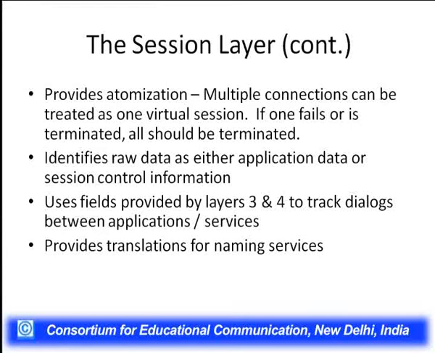So, it is an intelligent layer which can make the difference between the two types of data which is being sent. It uses the fields provided by layer 3 and 4 to track dialogues between applications and services. It provides translations for naming services also.